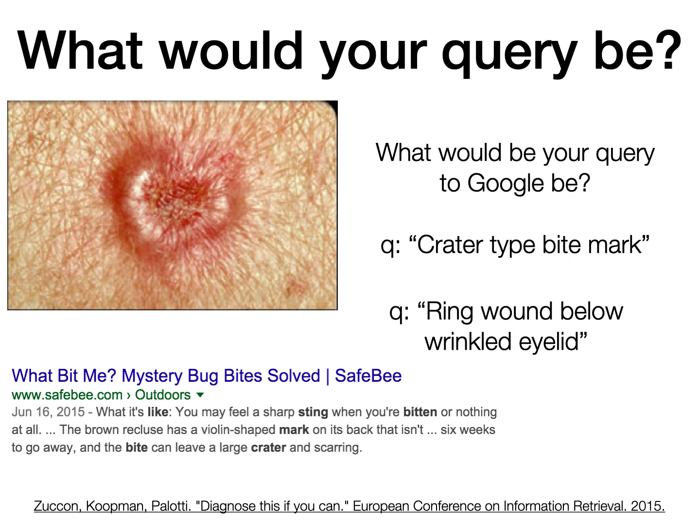The first query will retrieve at the top of the search engine result page results like what bit me, mysterious bug bite solved, which might make you think that your skin alteration is caused by, for example, an insect bite.